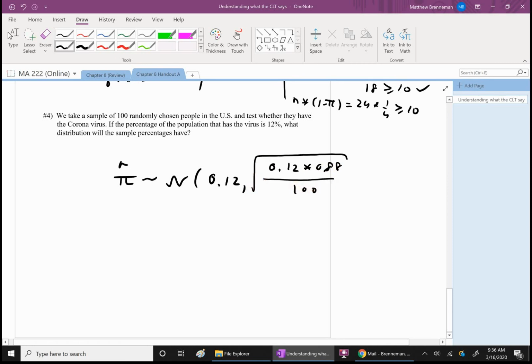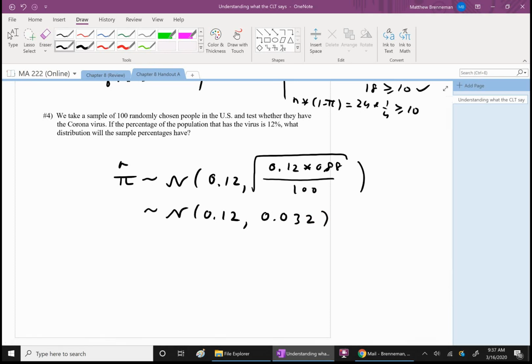And you can go ahead and compute that now. It's not hard to compute. And when you do that, you'll get about 0.032, somewhere around there. Yeah, it looks good. Okay.